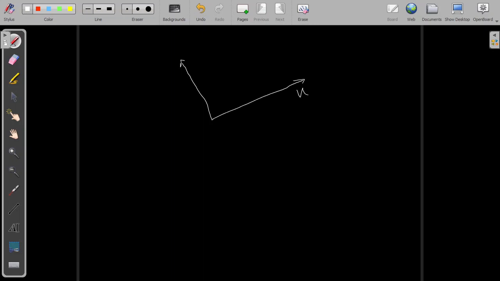This is u and this is v, two vectors, and this is minus v.